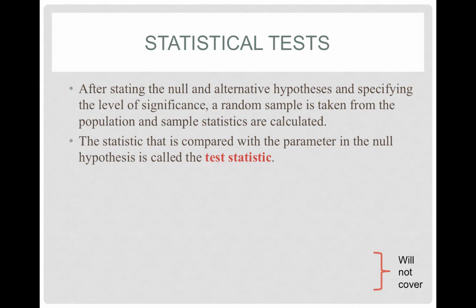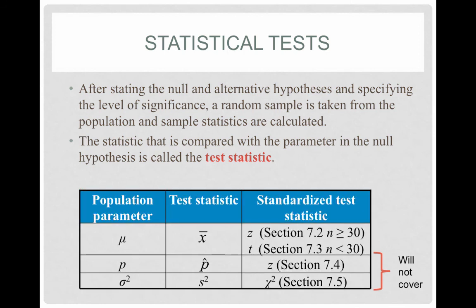Whether it's X bar, our sample mean, S, our sample standard deviation, or P, our sample proportion, that is referred to as our test statistic. When the population parameter is mu, our test statistic will be X bar, our sample mean.